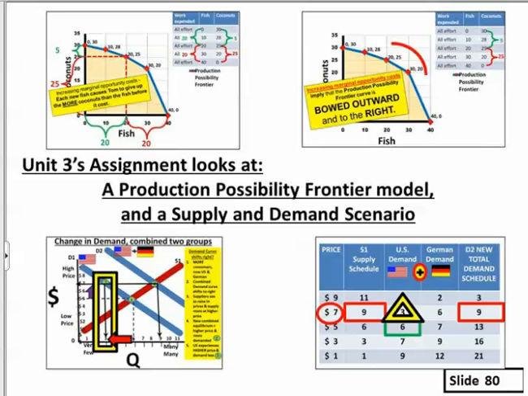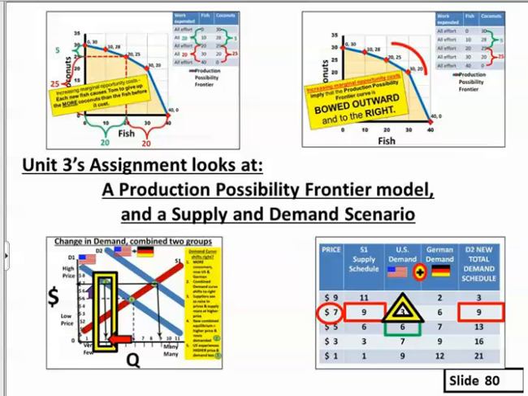Your assignment question this week, remember Unit 3 is a summary unit. In other words, it combines Units 1, 2, and 3. So you're going to find a question on production possibility frontier. You're going to find an example where you've got to do some number crunching, similar to what you did last week in Unit 2.